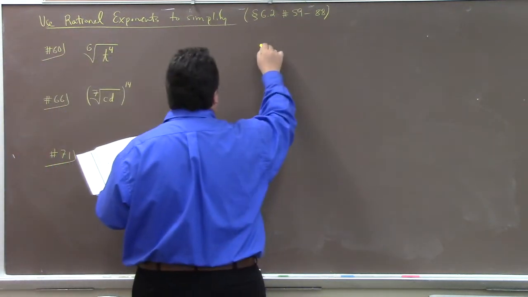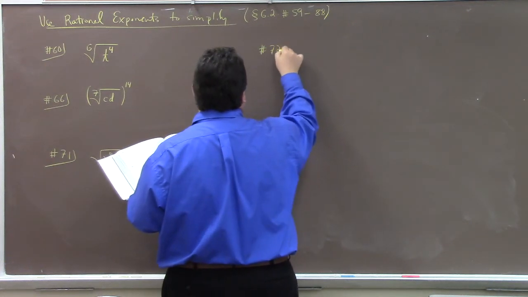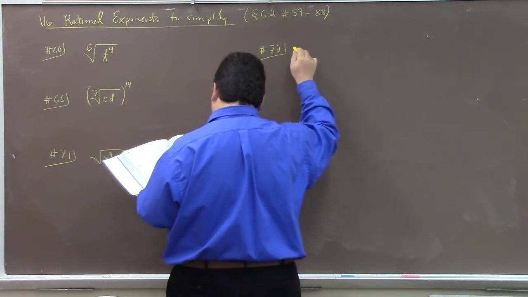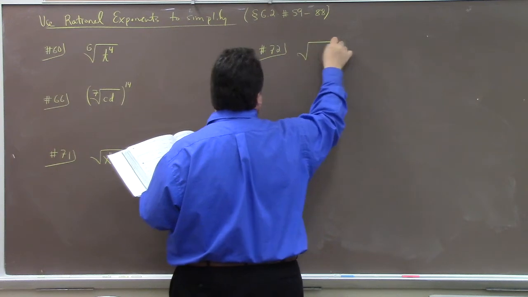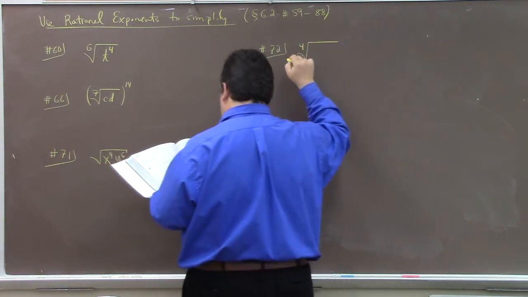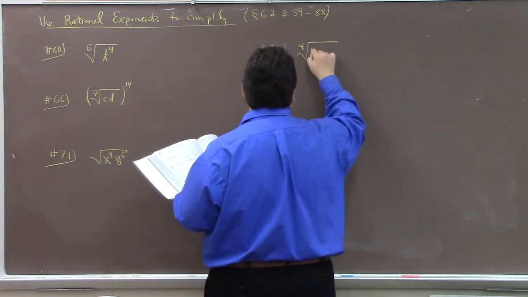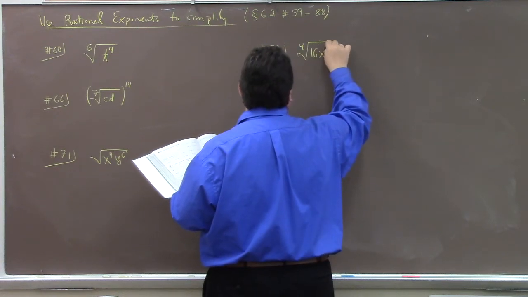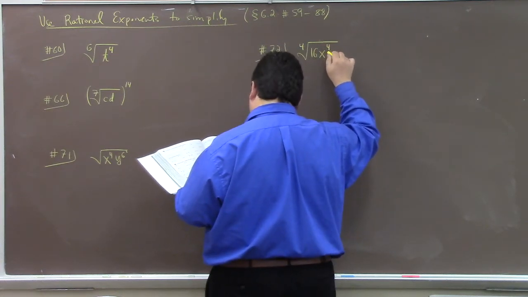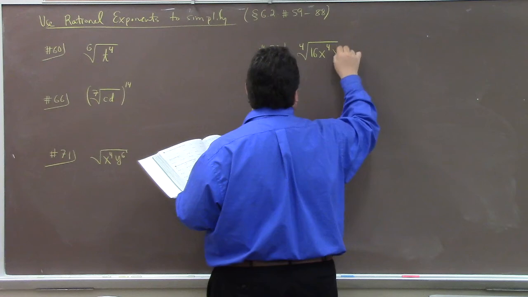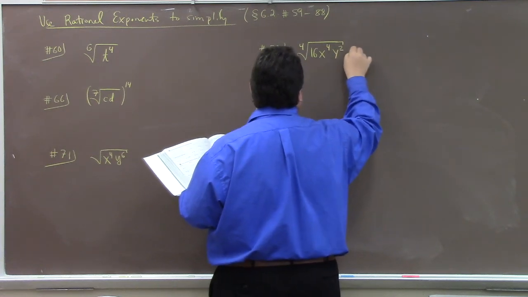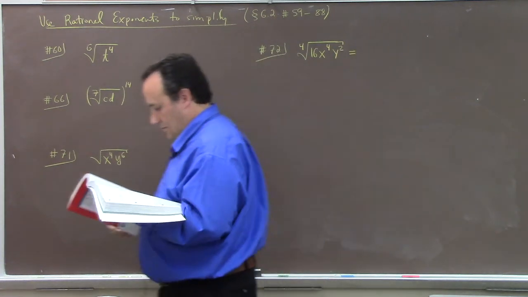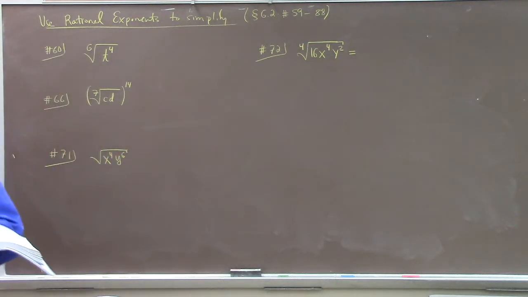And number 72. We have the fourth root of 16 x to the fourth y squared. All right. Let's try to simplify these, yeah?